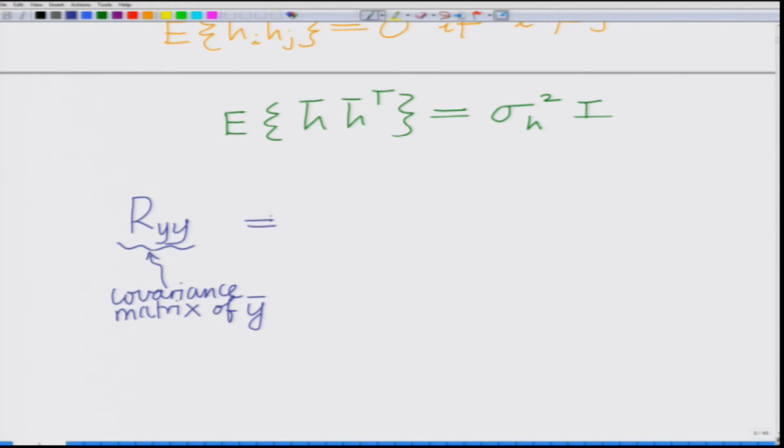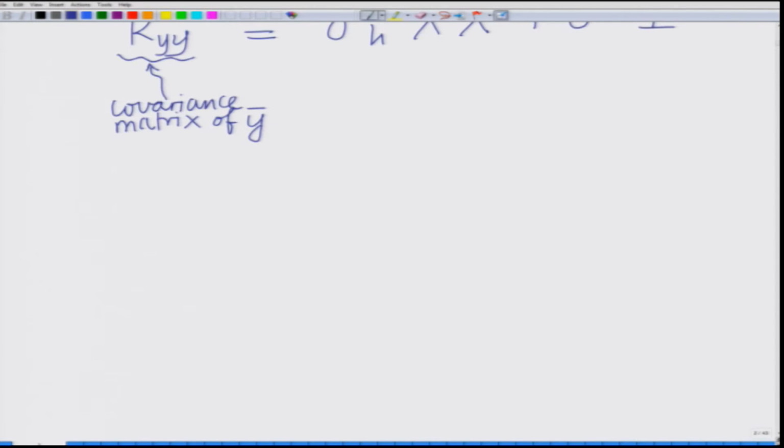And this we have said is sigma h square x transpose plus sigma square times identity. We have also derived the cross covariance between h bar and y bar.